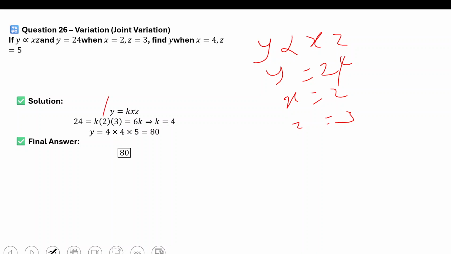If you introduce this formula, it brings k into the picture, right? So we can find k when all these parameters are given. You can find k there.